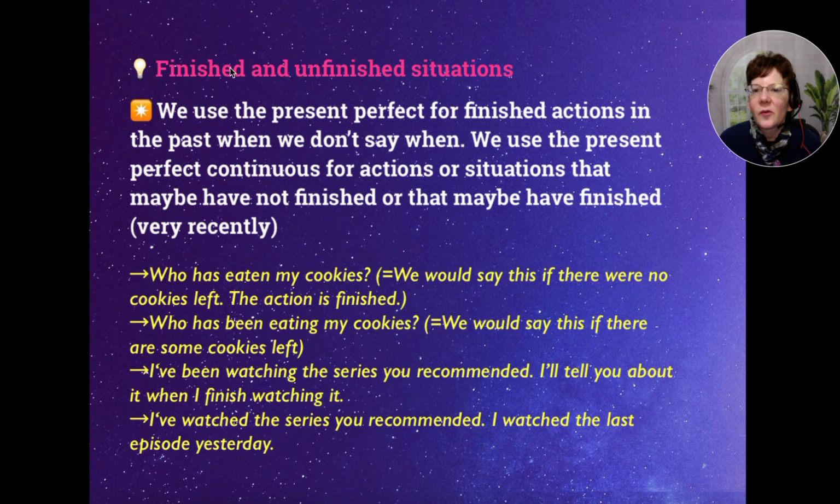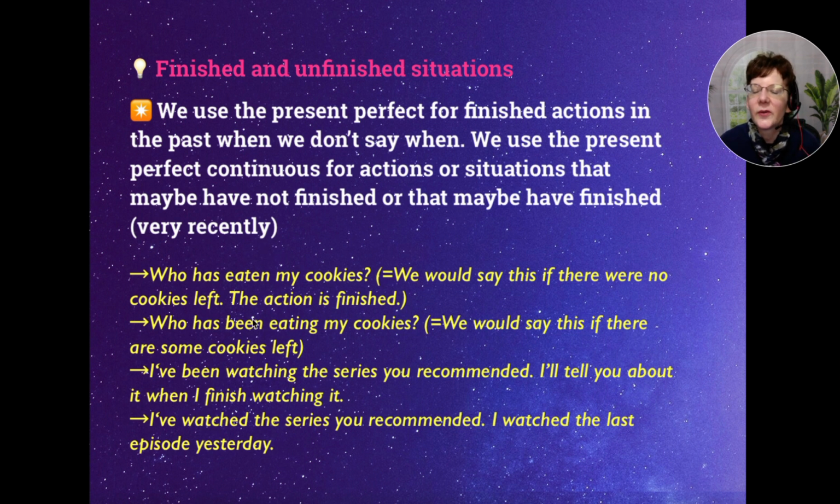Okay, now about finished and unfinished situations. So we use the present perfect for finished actions in the past when we don't say when. And then we use the present perfect continuous for actions or situations that maybe have not finished or that maybe have finished very recently.